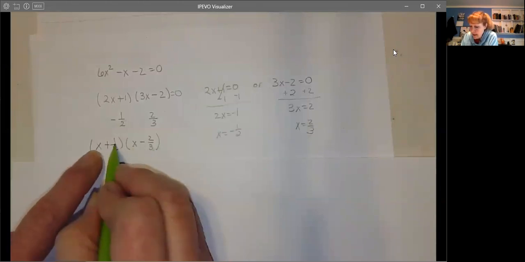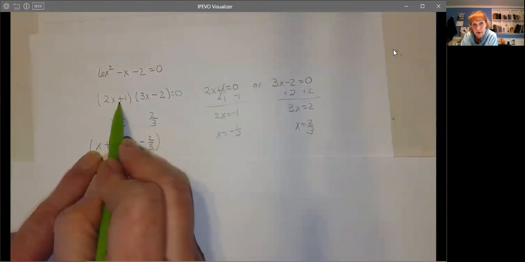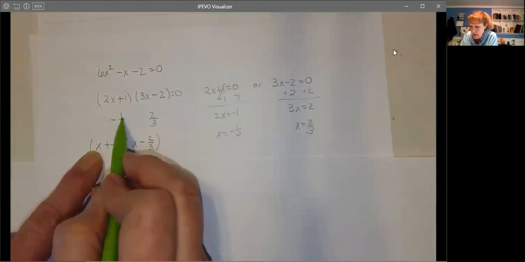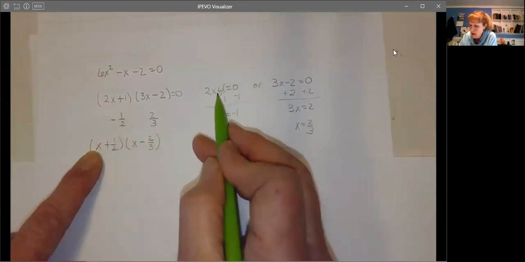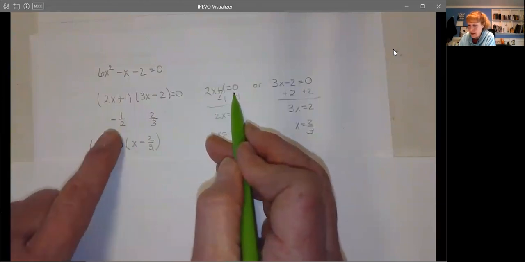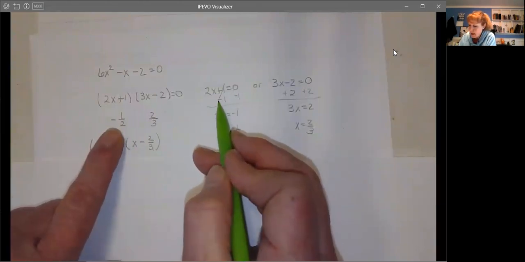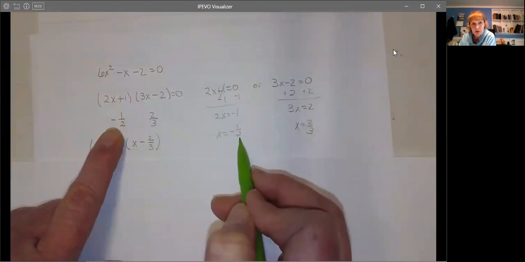I think it's a lot easier to go from here back to here. How do you do that? How do I know that this can be written as this? Well, if I solve this, 2x plus 1 equals 0, I should get a negative 1/2. I subtract 1, and then you divide by 2, so it works.